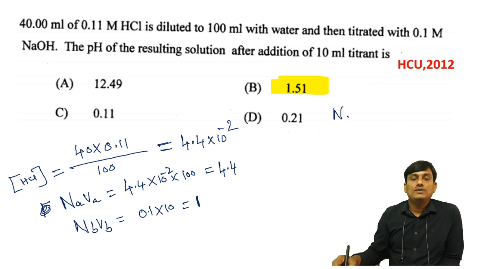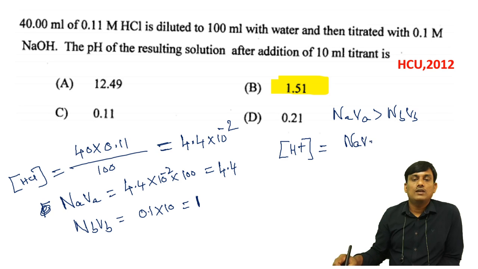Since NaVa is greater than NbVb, the resulting solution is acidic, so the concentration of H plus is (NaVa minus NbVb) by (Va plus Vb).